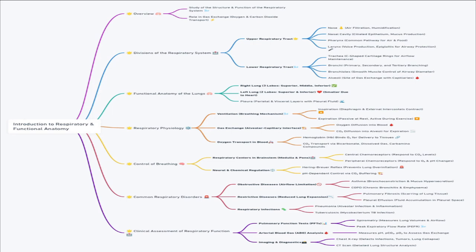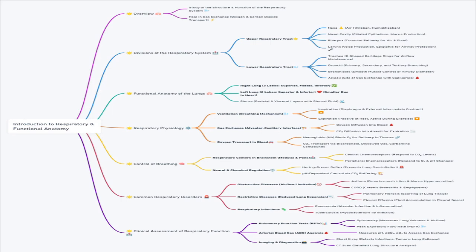The transition zone, the respiratory bronchioles and the alveolar ducts, has a gradual increase in the number of alveoli in the wall, and the alveoli and the alveolar sacs constitute the respiratory zone. It's about 2.5 liters in an average adult, and they derive their nutrition from the pulmonary circulation.